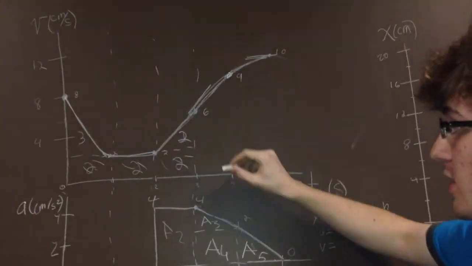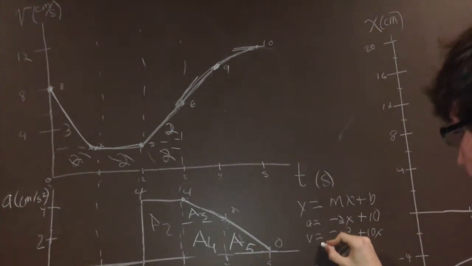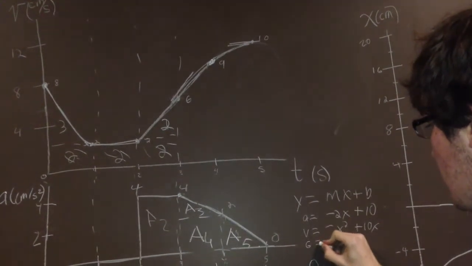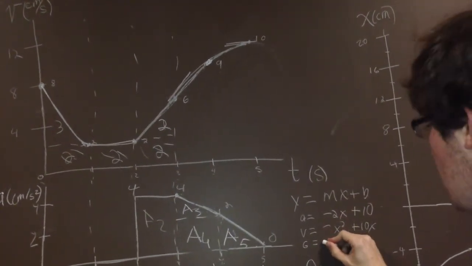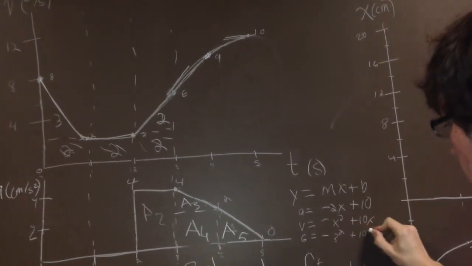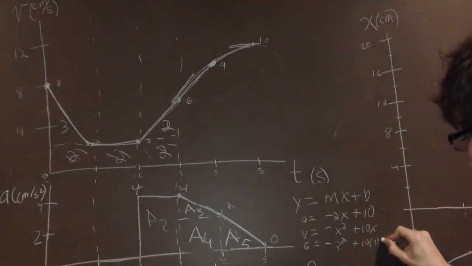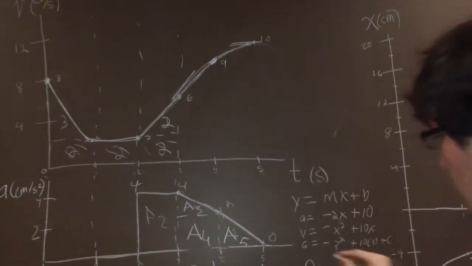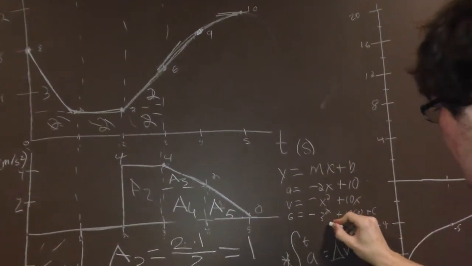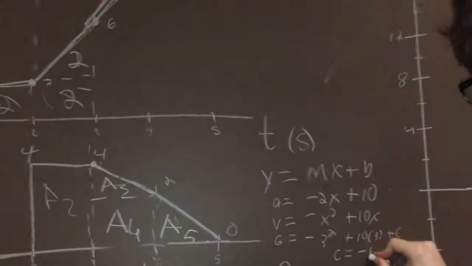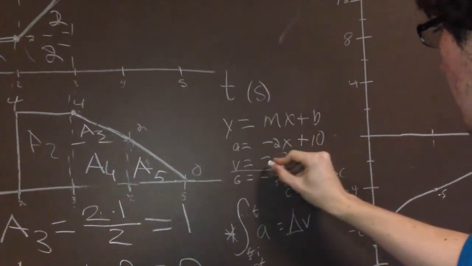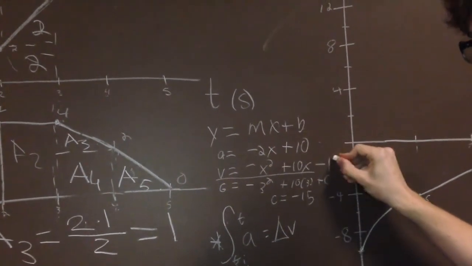I did it at 3 seconds, so a velocity of 6 is equal to negative 3 squared plus 10 times 3 plus c. I'm not going to show you all the algebra, we end up having c equal to negative 15. So in our velocity, we have negative x squared plus 10x minus 15.